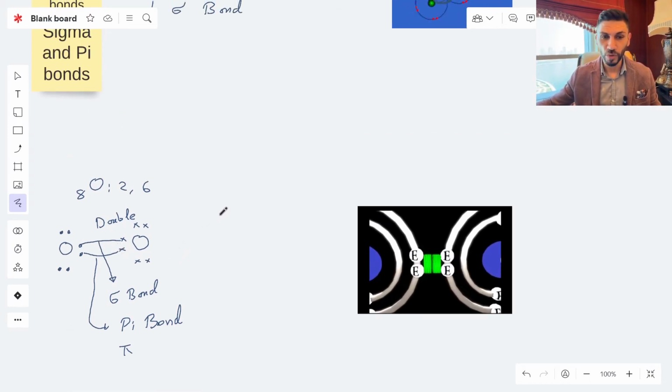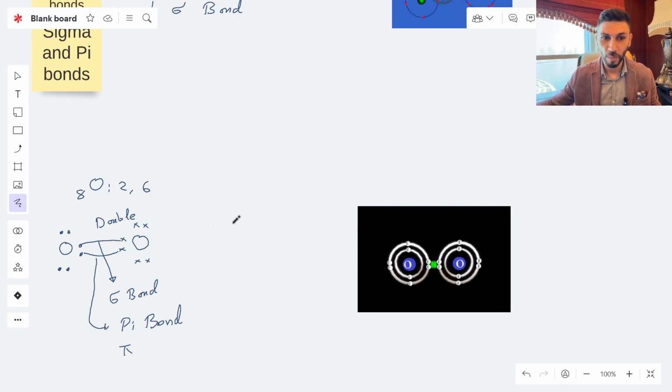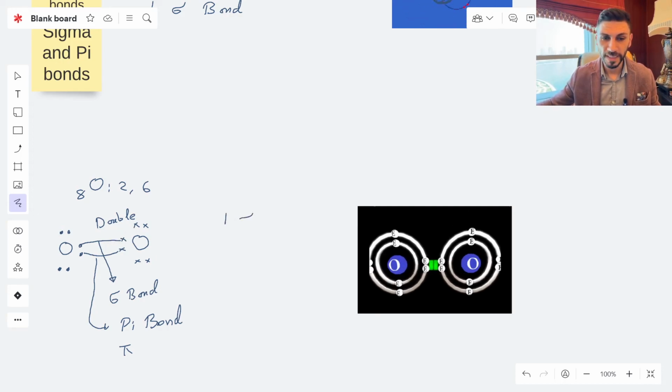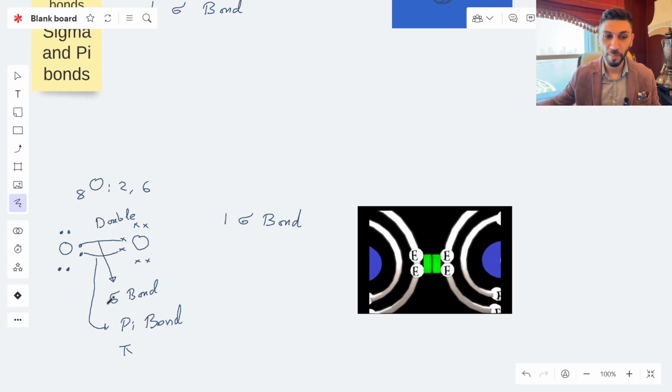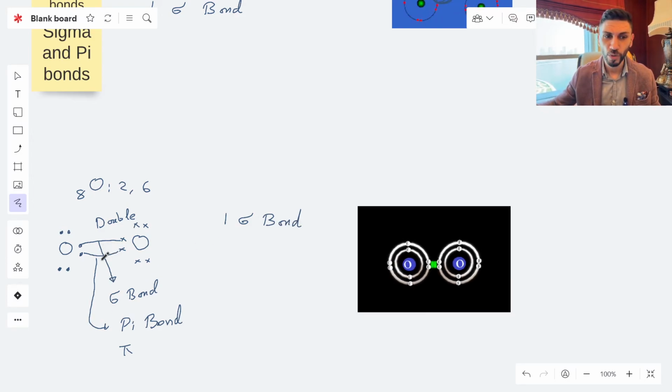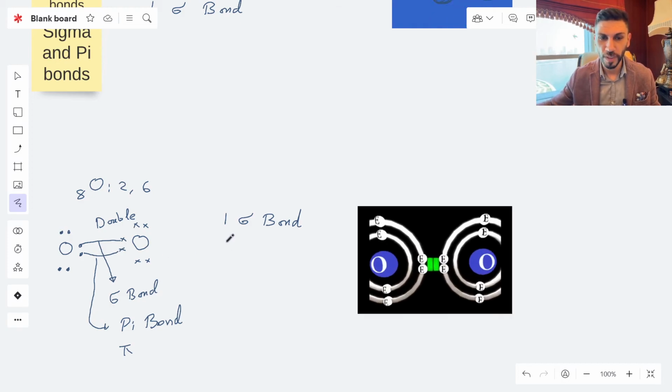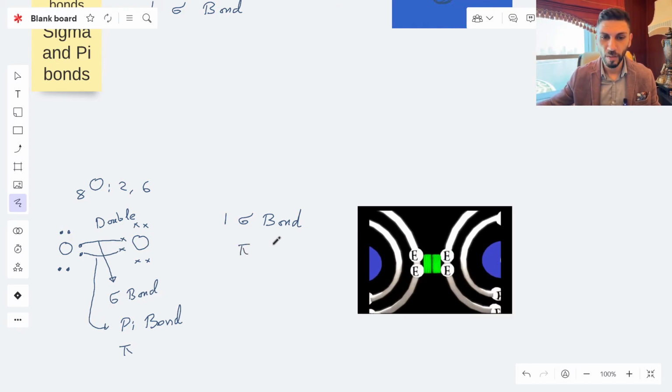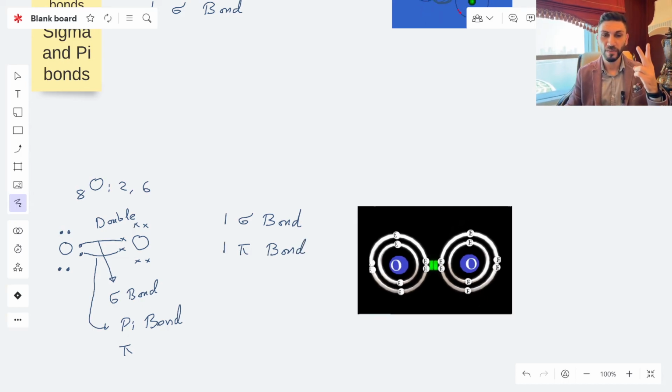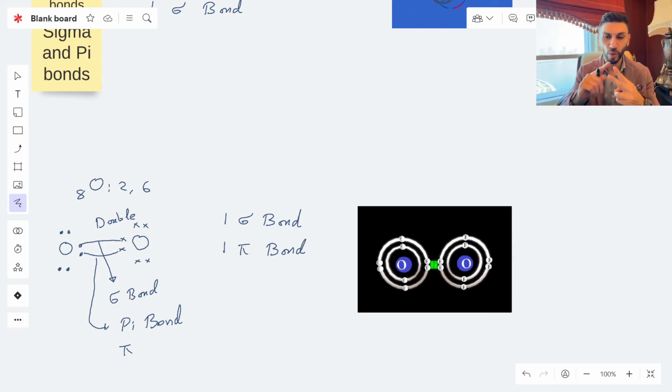In the double bond, we have the first bond of the double bond. We call it one sigma bond. And also we have a pi bond, which is the second bond of the double bond. So it's going to be one pi bond. So always in the double bond, we have 2 types of bonds, the sigma bond and the pi bond.